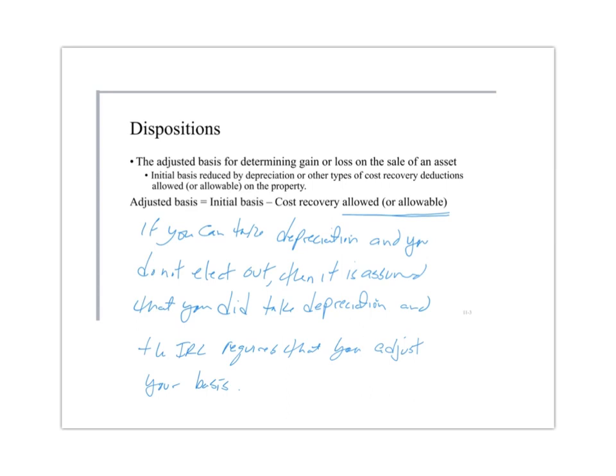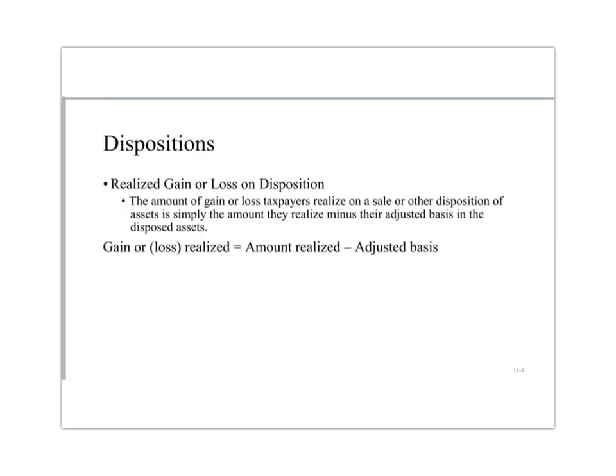And what will that mean? Well, if you have to reduce your basis, then you're potentially lessening your loss or increasing your gain. Either way, from a tax perspective, that's a negative result. Realized gain or loss is amount realized minus adjusted basis.